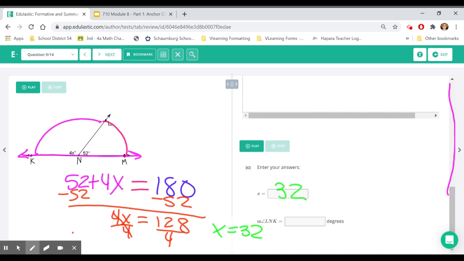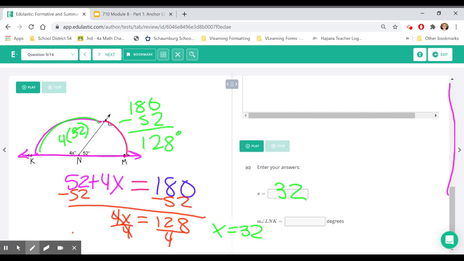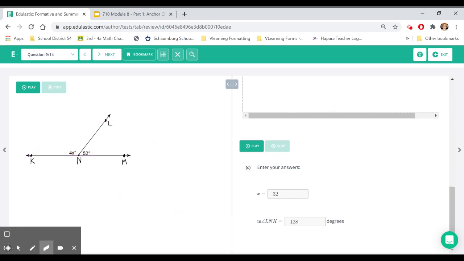Then to figure out what this is, we are subtracting 180 minus 52, or you could do 4 times 32, to get 128. Again, make sure you show work for this to get points.